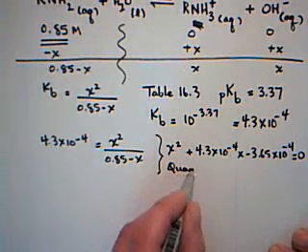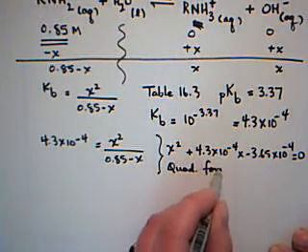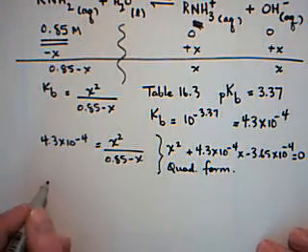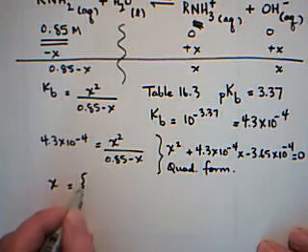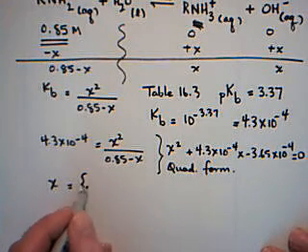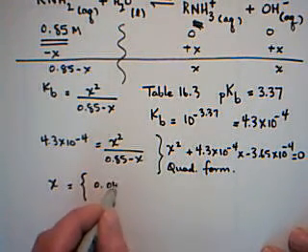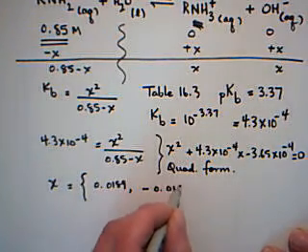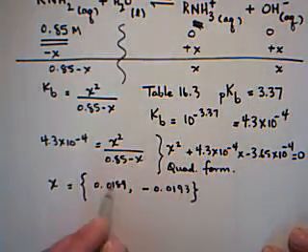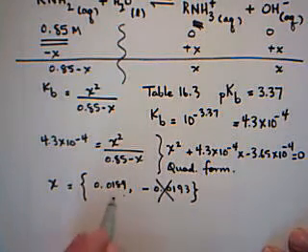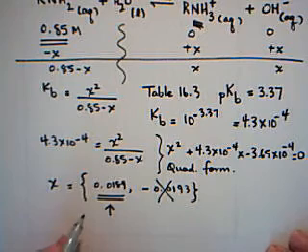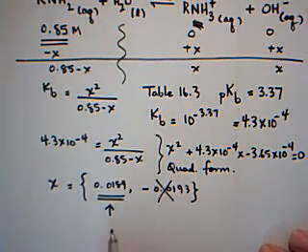I will apply my quadratic formula to these coefficients a, b, and c, and I find that x has a choice of two roots, 0.0189 and a negative 0.0193. So I disregard the negative one and I take this one. And therefore, this is x.